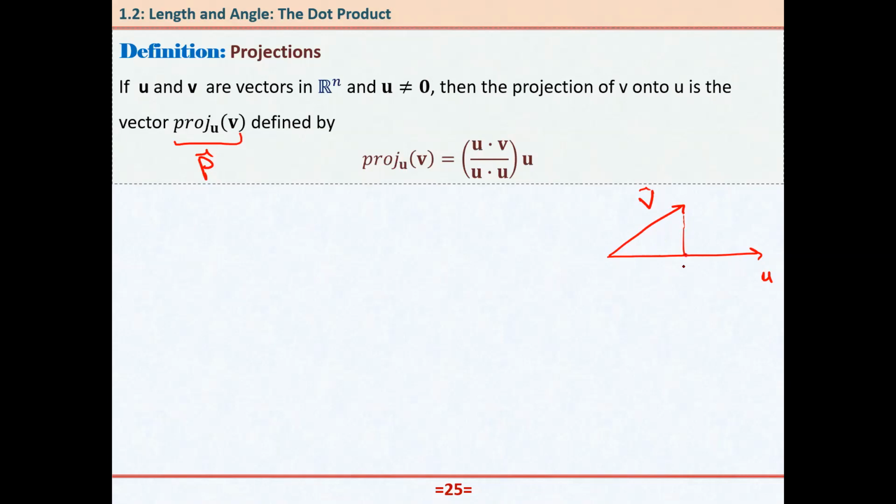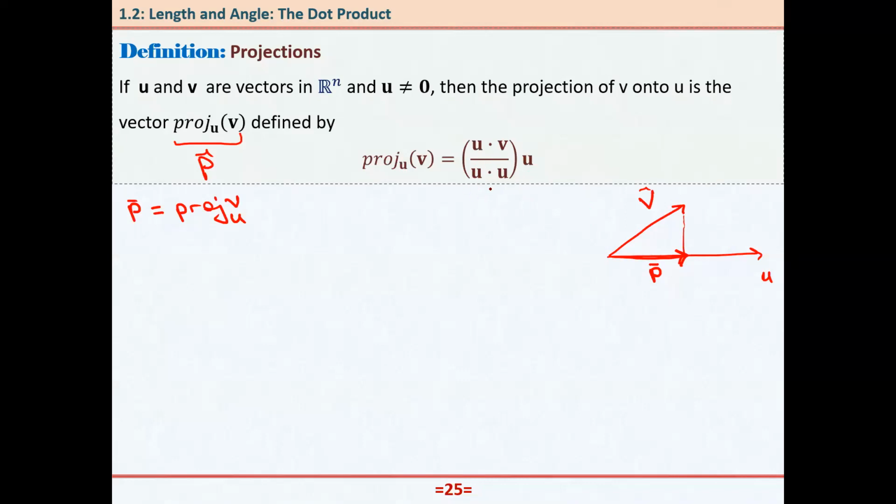So we are talking about this vector, and let's say this vector is vector P. We define this as the projection of V onto U. And here it is saying that that's equal to this thing.